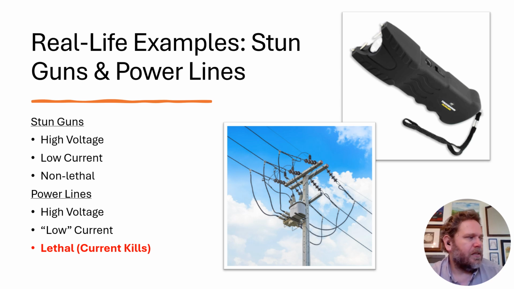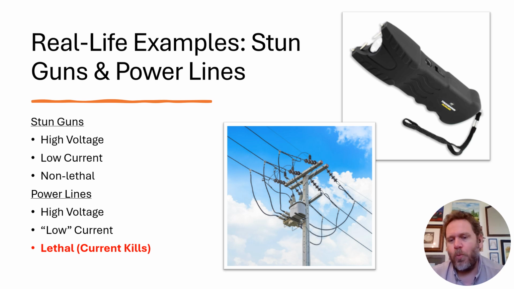So if you look at, say, a wall outlet and you plug something into it, that's getting 120 volts, which is way less than the 30, 50, 100,000 volts of a stun gun, but that actually can kill you and it can really hurt you. And if you go inside the actual breaker box, which I don't recommend you doing, you'd actually find a 240 volt difference there, which is enough to give you a good jolt and really seriously hurt you or kill you.